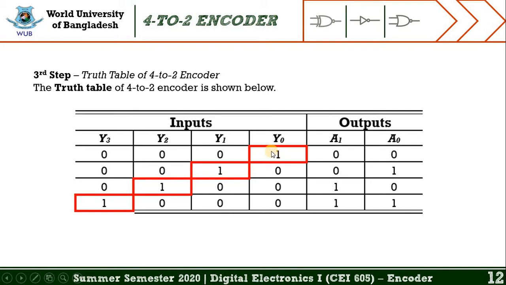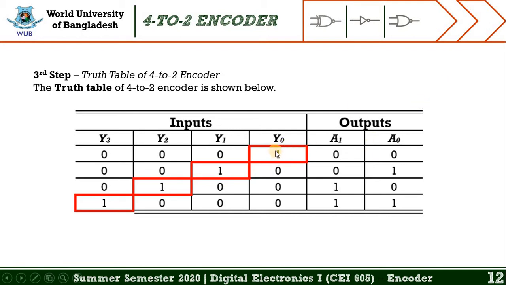So in the input section you may find y0, y1, y2, y3, and each time only one input is activated. That's why we place just one, which means high.